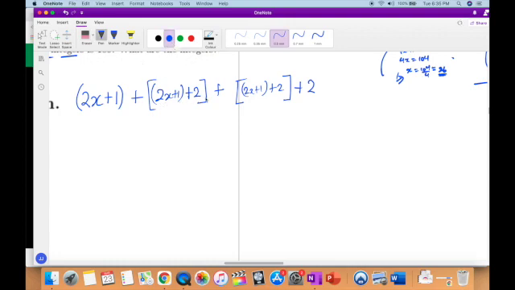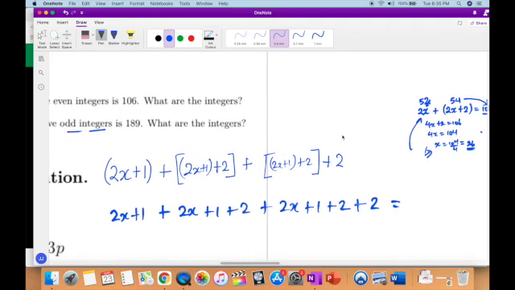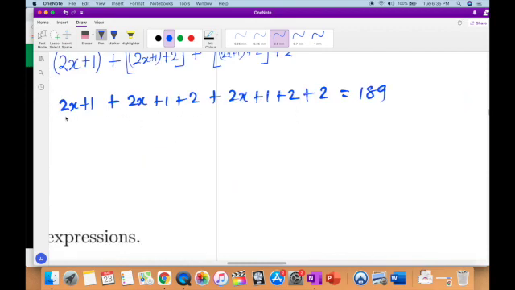I really have no multiplications going on here, so we can literally just remove all of the brackets. 2x plus 1 plus the 2x plus 1 plus 2 plus 2x plus 1 plus 2 plus 2. And that is equal to how much? So now let's just add our x's. 2x plus 2x is 4x and 2x is 6x.